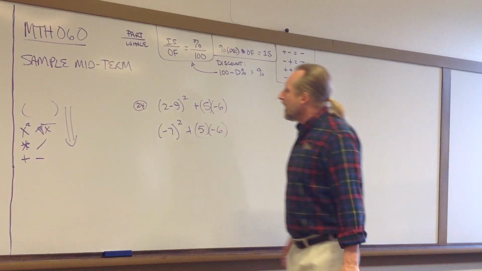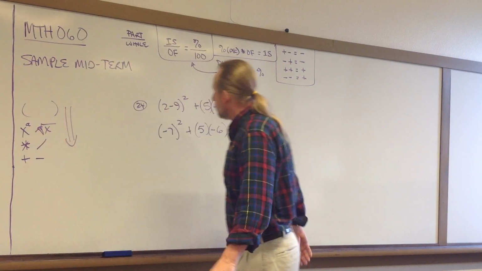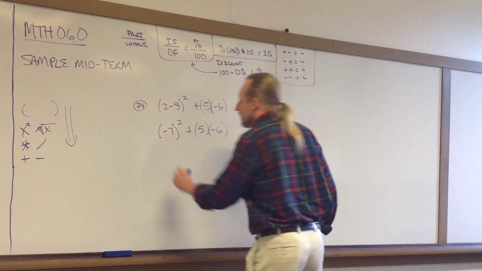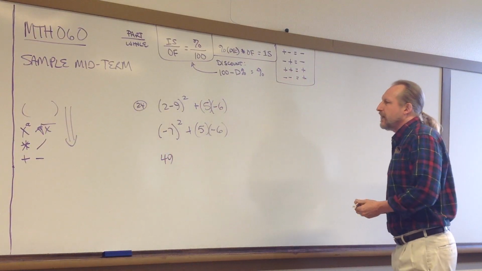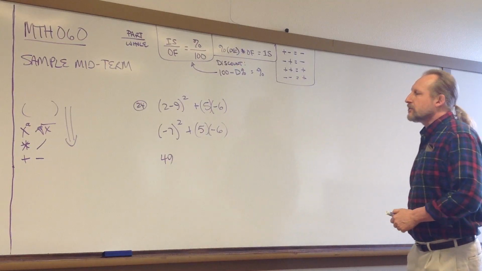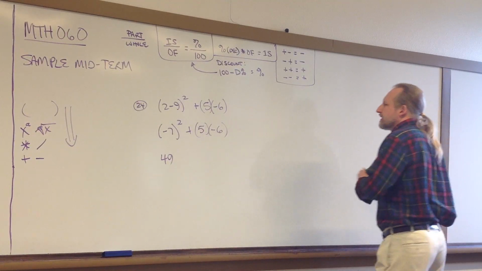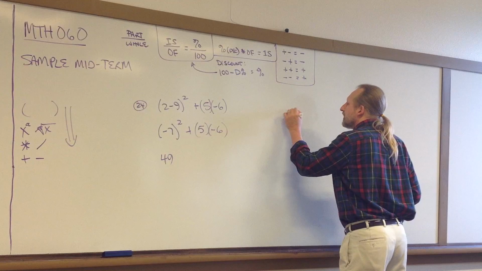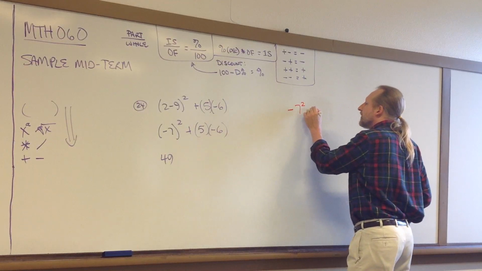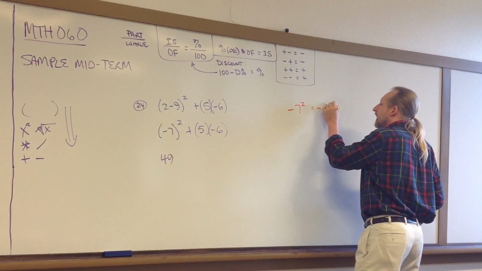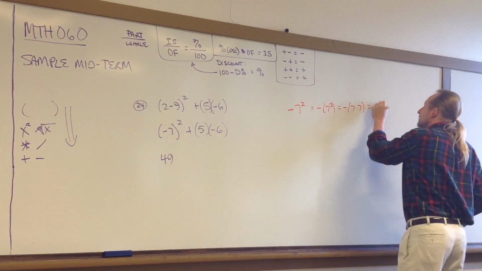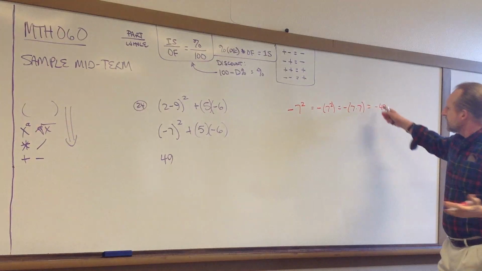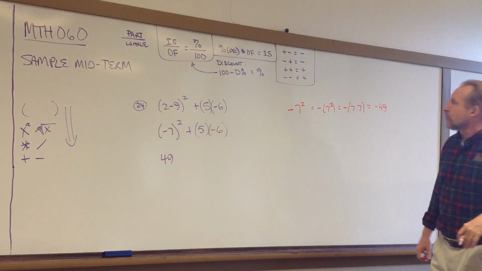Now we should calculate the exponent first. Negative 7 squared is positive 49. A lot of people get thrown off by this. It's one of the most common mistakes people make with their calculators. They type this in, and the calculator reads it as negative 7 squared, or negative 7 times 7, and says that's negative 49.